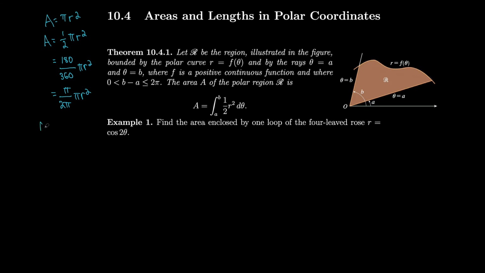It should also make sense then that the area for a quarter circle would be 90 out of 360, 1/4 pi r squared, or in radians that would be pi over 2 over 2 pi times pi r squared, which just leaves you with pi r squared over 4.